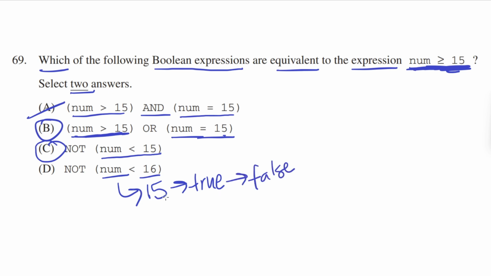So that means when num is equal to 15, answer choice D, this expression here, evaluates to false. But when we look at num greater than or equal to 15, we see that when num equals 15, we evaluate to true. So that means there is disagreement between these two expressions here, so they cannot be equivalent.